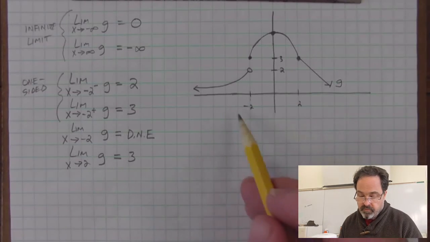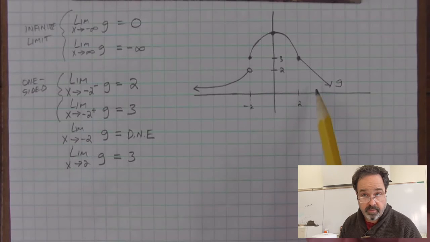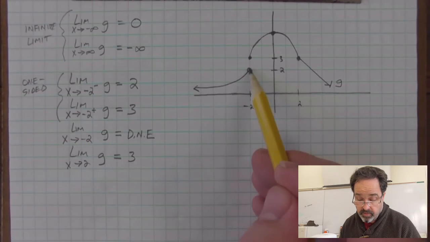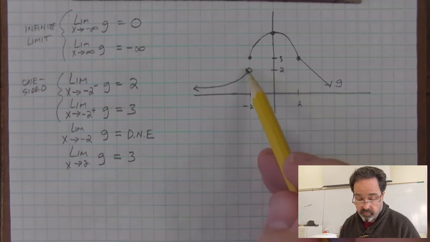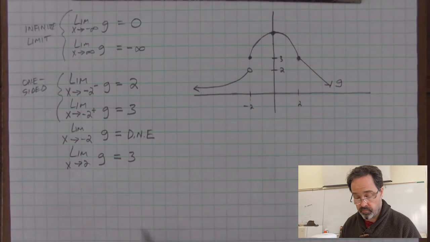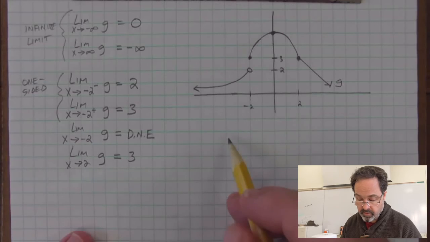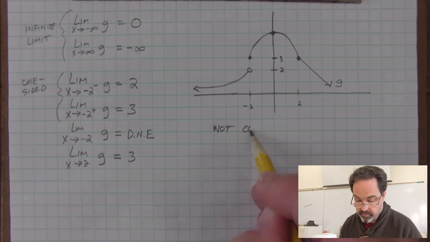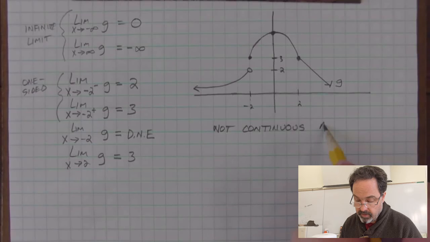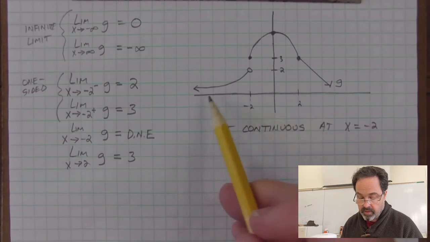There is a feature of this graph that we can highlight. There's a break right here that there isn't at 2. This kind of break is called a discontinuity, which we're going to study in the future quite a bit. But it's worth saying that the function is not continuous at x equals negative 2.